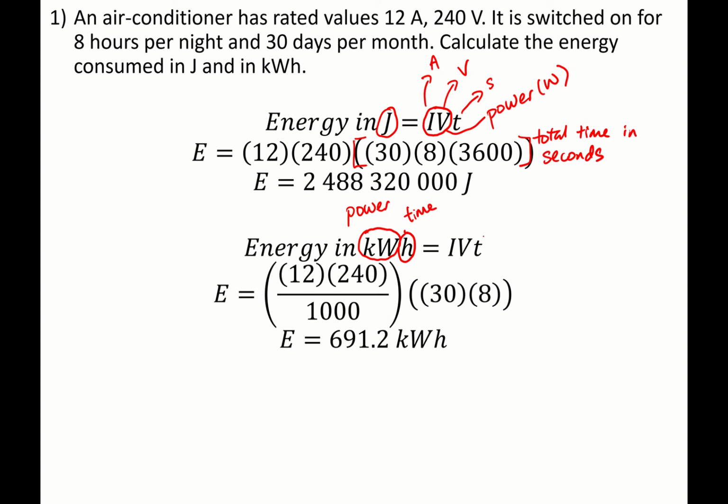So what happens is, I just have to calculate time in hours, and IV, I just have to calculate my power in kilowatts. So 12 times 240 is in watts, and that's why now I divide by 1000.